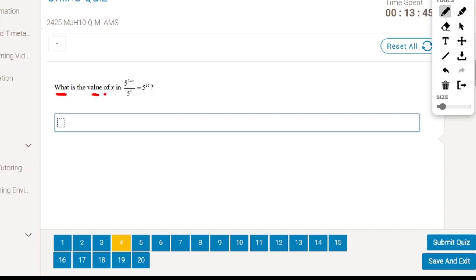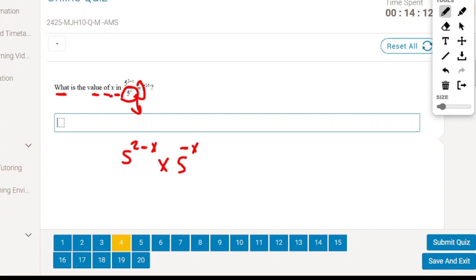What is the value of x in 5 to the power of 2 minus x, divided by 5 to the power of x, equal to 5 to the power of 16? So we have 5 to the power of 2 minus x. This number, we flip it to the denominator, so it will be multiplied by 5 to the power of minus x.